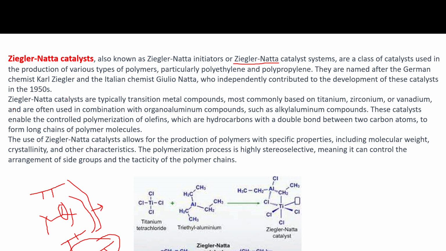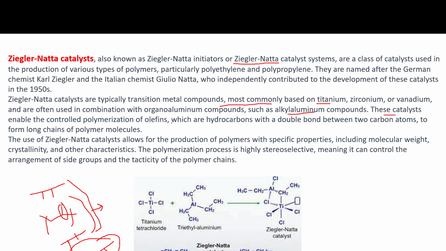Ziegler-Natta catalysts are typically transition metal compounds, most commonly titanium, zirconium or vanadium, often used in combination with an organoaluminum compound. So there are two metal compounds present. One is titanium, zirconium or vanadium, and the other is an organolithium, organoaluminum or alkyl aluminum compound.